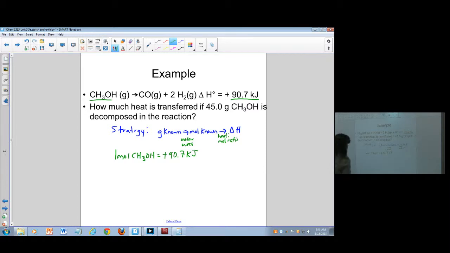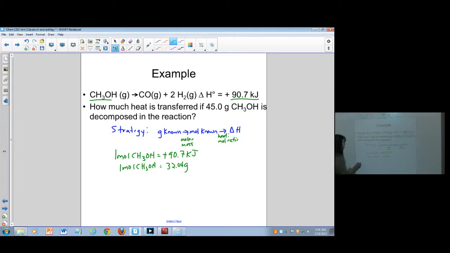And also we need to have a molar mass. So 1 mole of methanol is also equal to 32.04 grams. Okay, so if you add up an oxygen, a carbon, and 4 hydrogens, this should be the mass you get for this.